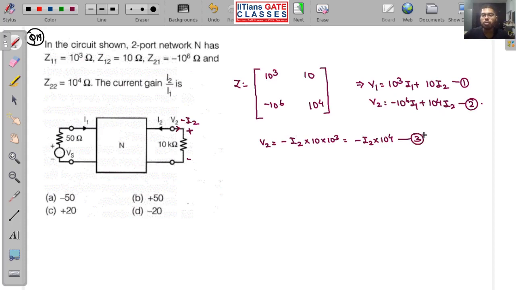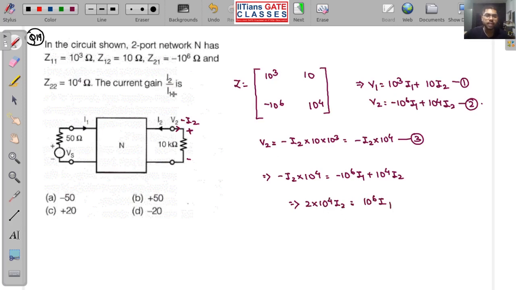From equation 2 and equation 3, what do I see? This will be minus I2 into 10 to the power 4 is equal to minus 10 to the power 6 I1 plus 10 to the power 4 I2. So this will be written as 2 into 10 to the power 4 I2 is equal to 10 to the power 6 I1.